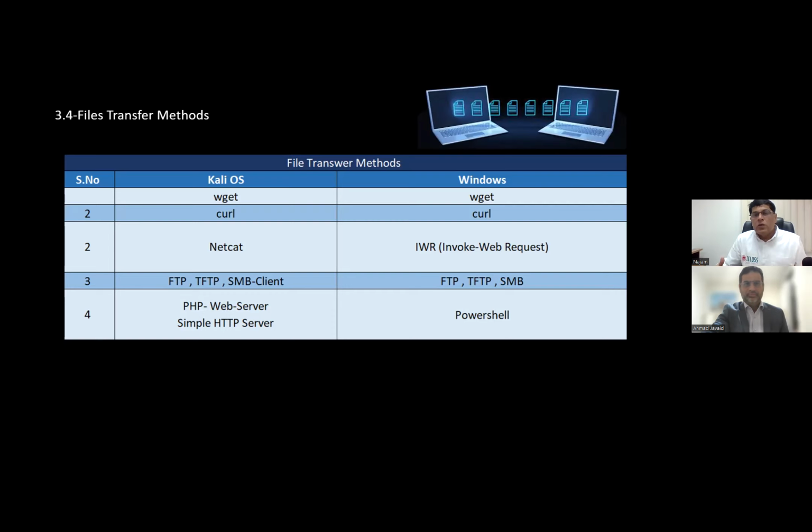Whenever the victim hits this site, the payload will be automatically downloaded. I would suggest all the beginners or even the experts to practice SimpleHTTPServer, which is present in Python 2.7 and also in Python 3.